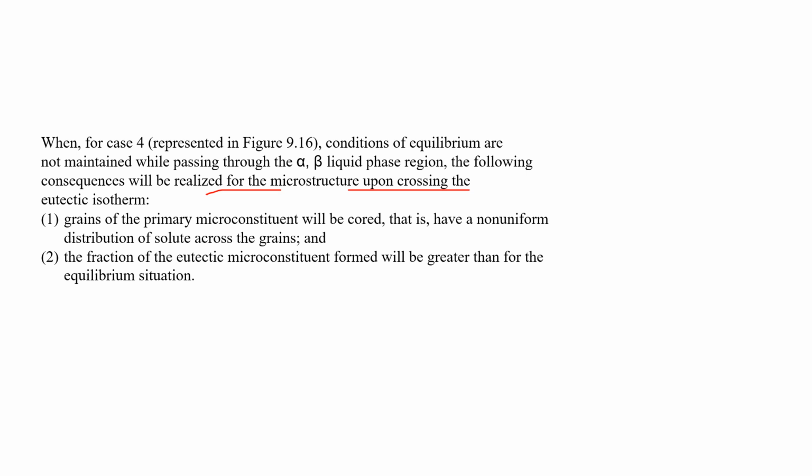Number one, the grains of the primary microconstituent will be cored, that is, have a non-uniform distribution of the solute across the grains. And the fraction of the eutectic microconstituent formed will be greater than in the equilibrium situation.